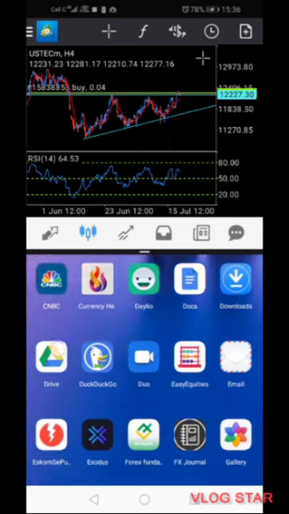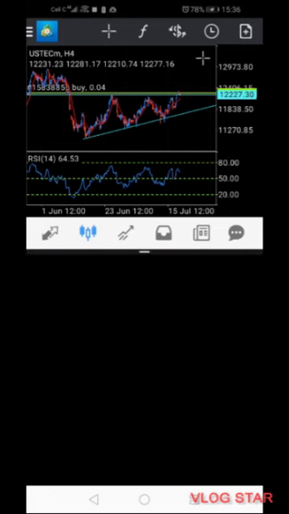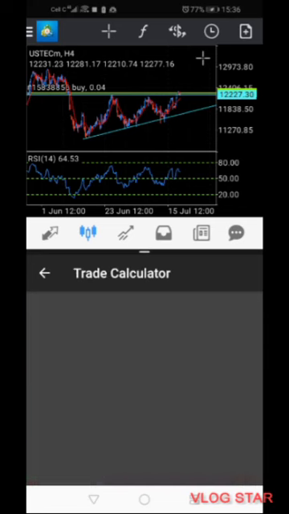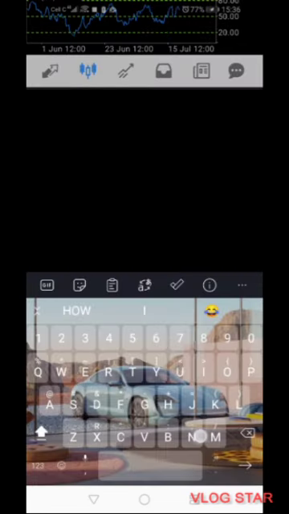There's an app called FX Journal. Great app for tracking your trades and calculating profit or loss, everything like that. So we're going to just calculate profit or loss off of this trade. I'm going to type Nasdaq.